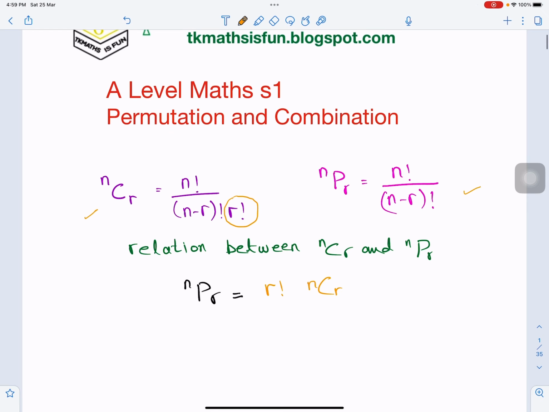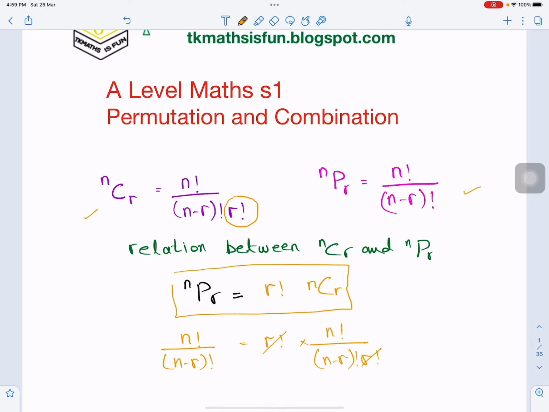Let's see here, in case you cannot make the connection. We said nPr is equal to n factorial over (n minus r) factorial, and nCr was equal to n factorial over (n minus r) factorial into r factorial. So this will cancel out and they are the same. This helps us remember a very important relationship between nCr and nPr.